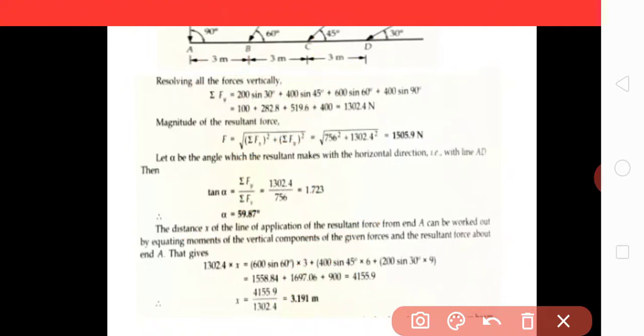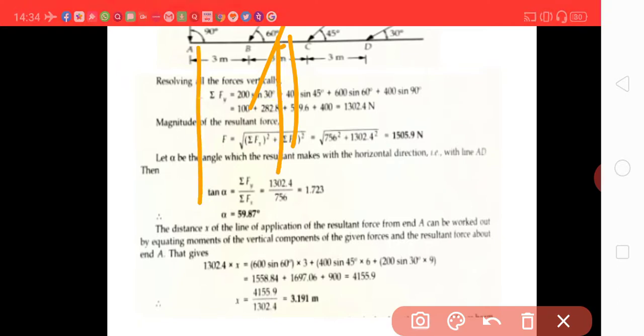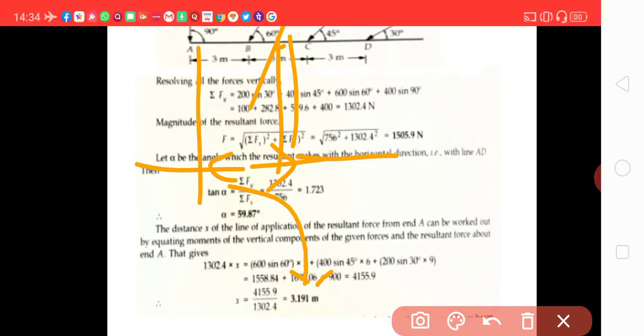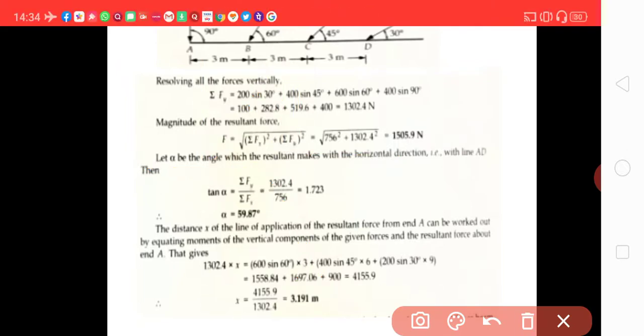It means the resultant will pass somewhere here. This distance will be this much. The angle will be around 59.87. Means this will be the line of action of the resultant.